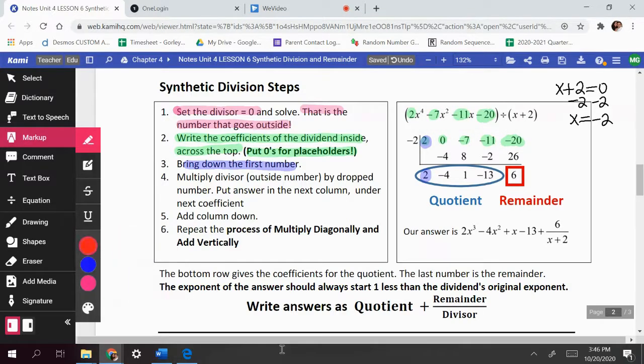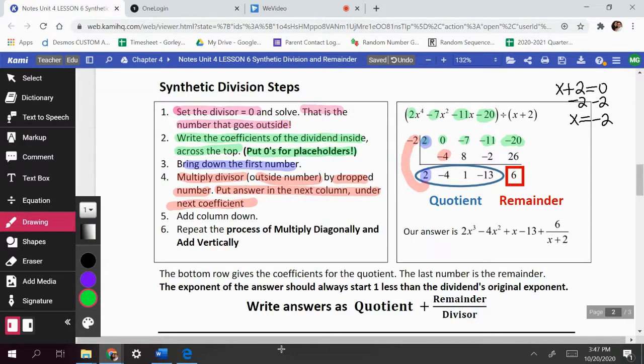Then what are we going to do? We're going to multiply the divisor outside by the drop number. So I would do 2 times negative 2, and look, I get negative 4. I put that negative 4 in the next column under the next coefficient, and then we added the column down. So if I add down, I get negative 4. And we're going to repeat this process.